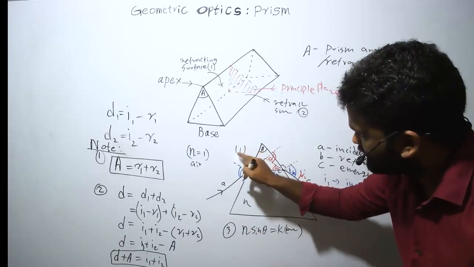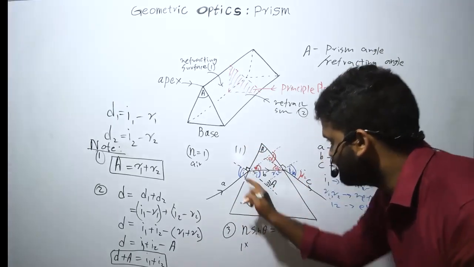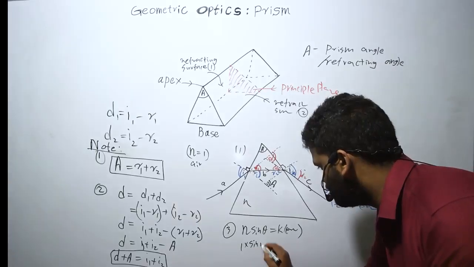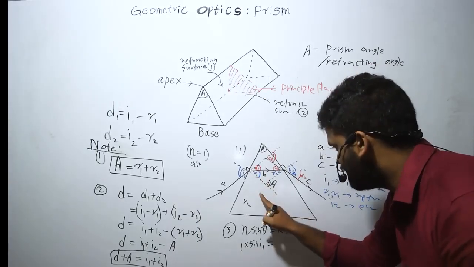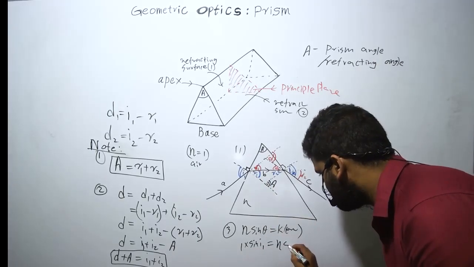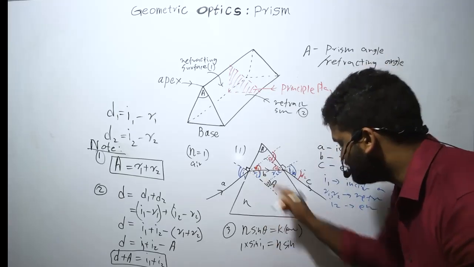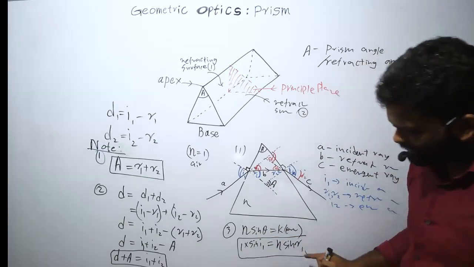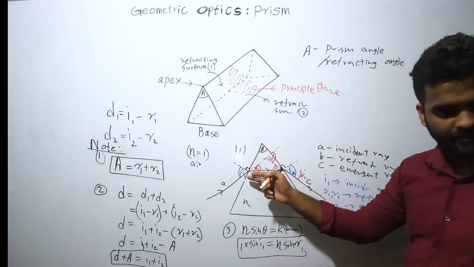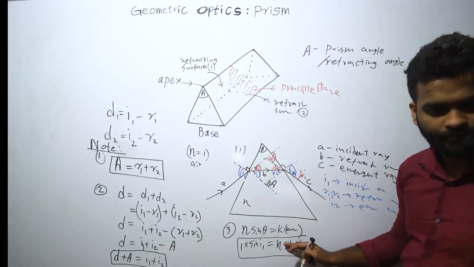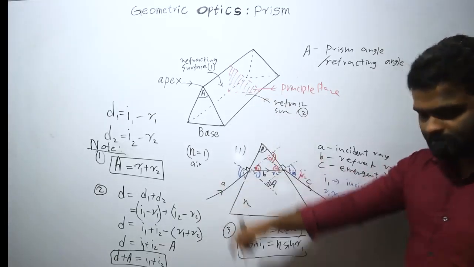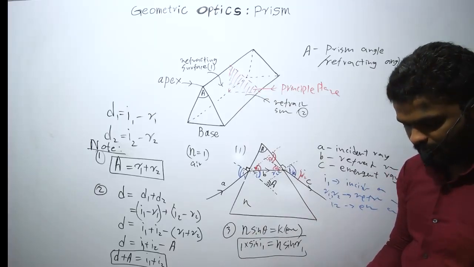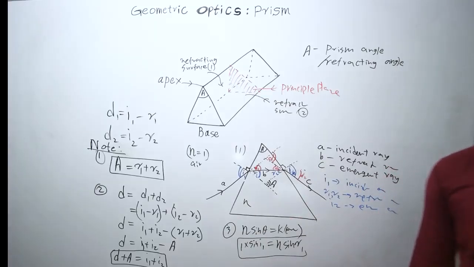The refractive index is 1, so 1 times sine I1 equals n sine R1, where this angle is R1. You don't have to remember this, but you can just apply Snell's law here. Those are the main equations that you have to apply in order to solve problems.